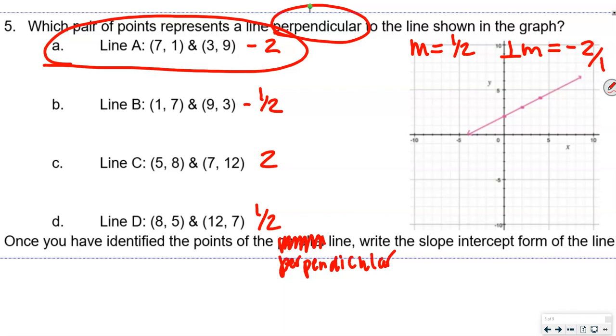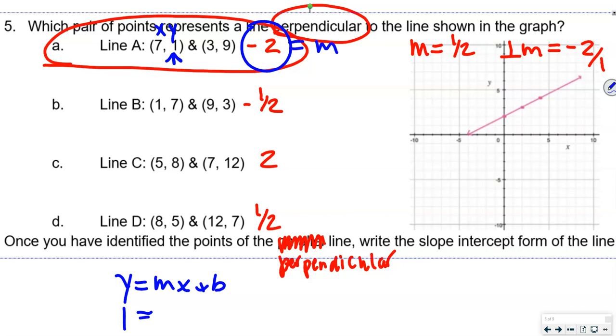Okay, once you find that, you're going to find the perpendicular line. Okay, so once again, we're going to label these points x and y, and we have our new m right here, right? So this is our 2, -2. So once again, we're using the equation y equals mx plus b. So what is our y up here? It's 1. What is our m? It's right here, right?